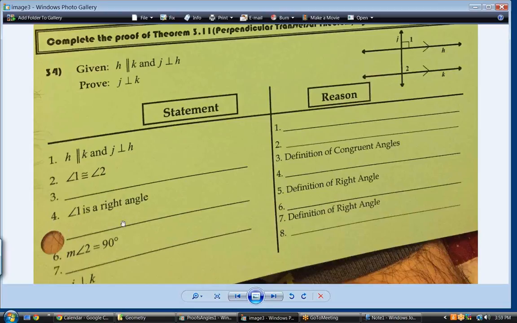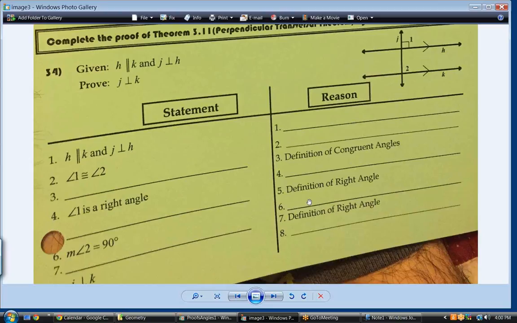So what does this statement have to be for number 5? And the reason is definition of right angle. Angle 1 is 90 degrees. You got it. The measure of angle 2 is 90 degrees. What has to be the reason for that?